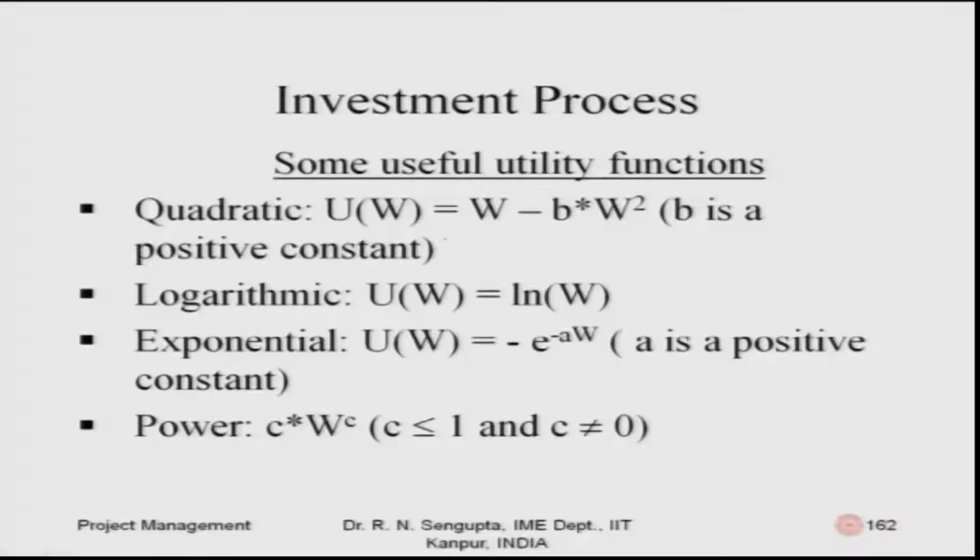One was the AHP; there are other methods also which are not under the ambit of project management. Some useful functions are generally used, and the most important one is the quadratic utility function. Let us pause here for 2 or 3 minutes to explain the quadratic utility function.